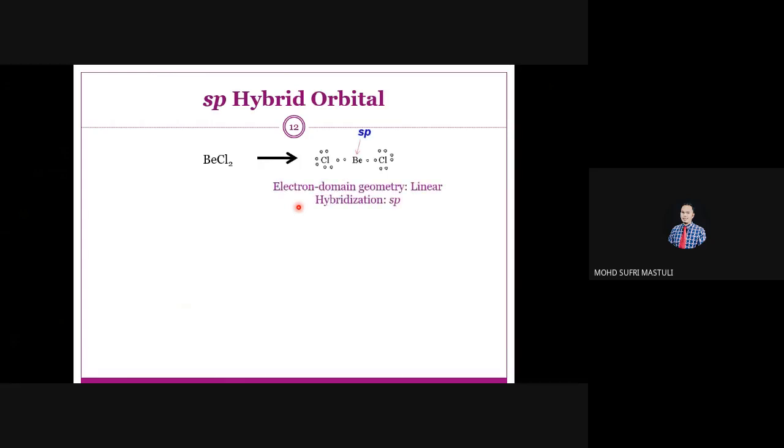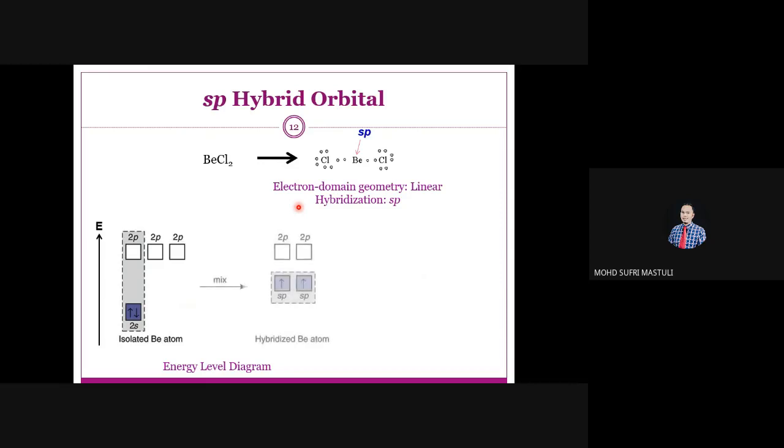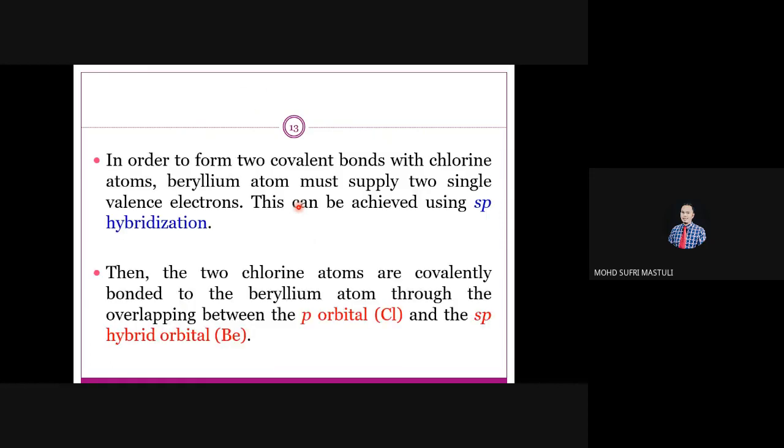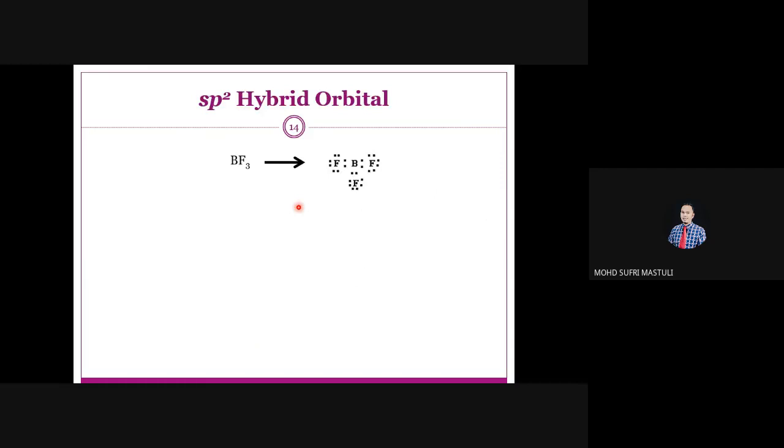You should be able to identify the type of hybridization, and you have to be able to draw the energy level diagram for that particular hybridization. Last but not least, you have to be able to draw the resultant of the hybridization. Okay, right? So if you want to know more detail regarding hybridization, please refer to the previous video.